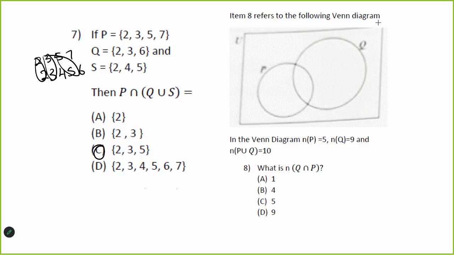Item 8 refers to the following Venn diagram. In the Venn diagram, the number of elements for P is 5, not P only, just P, the number of elements for Q is 9, the union between these two is 10.